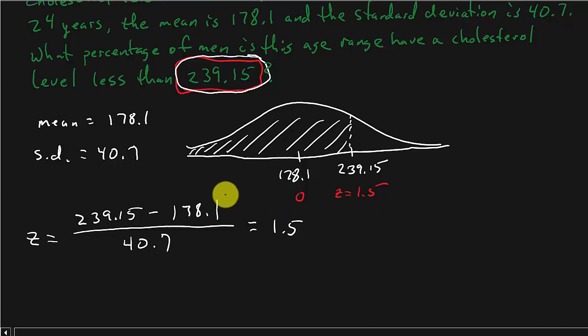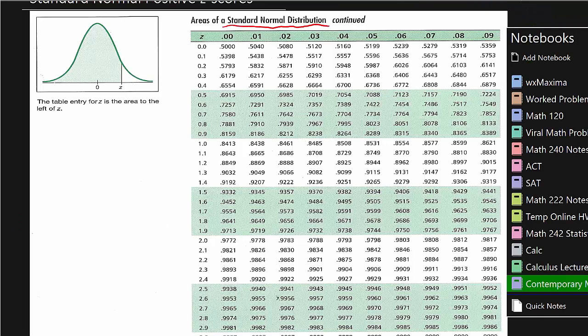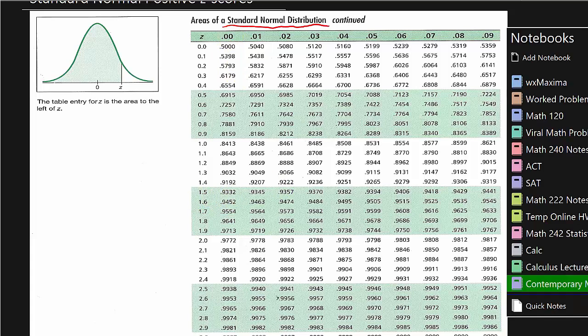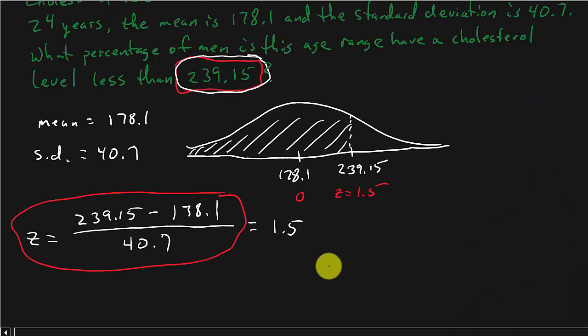That's what this is for, so that we can look it up in the table to find that percentage we want. Okay, so if I come over here, now I just have to look up the 1.50, right? So that's 0.9332.